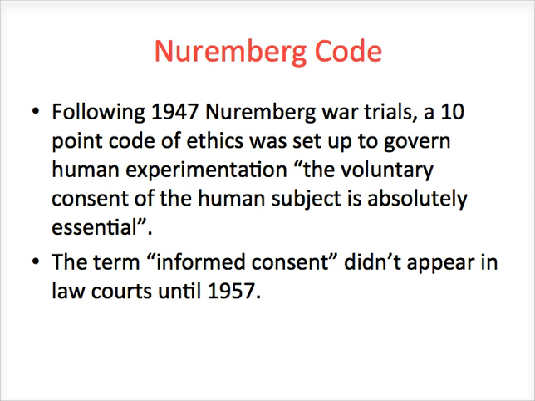Around that time we had the Nuremberg war trials from World War II, and that led to the Nuremberg Code. The voluntary consent of the human subject is absolutely essential, and the term informed consent then shortly after appeared, which meant that to participate in any research you must be well informed what it's about, and you must sign to give your consent.